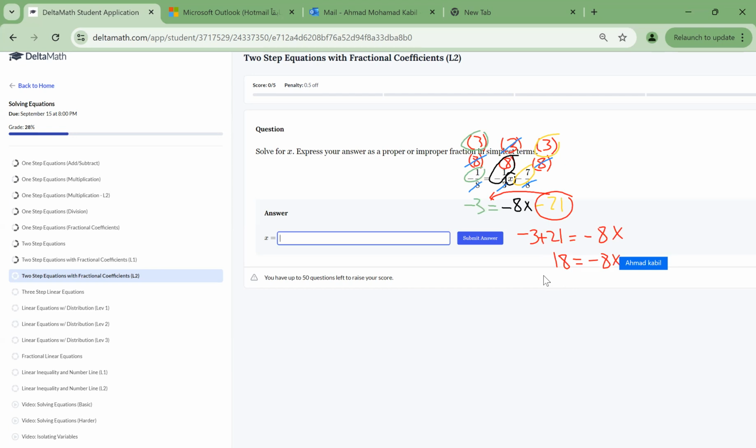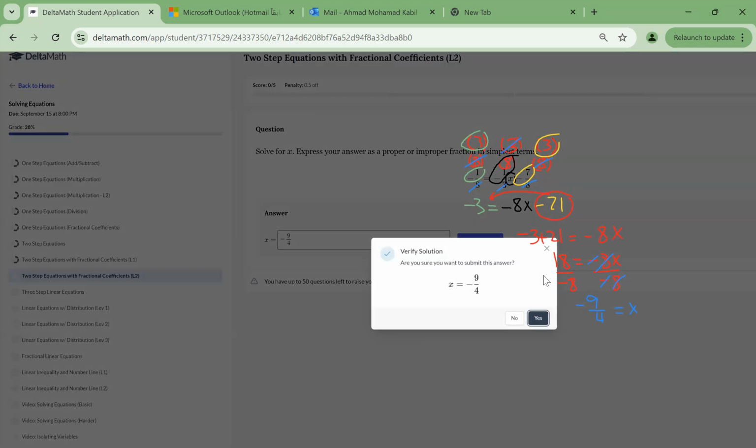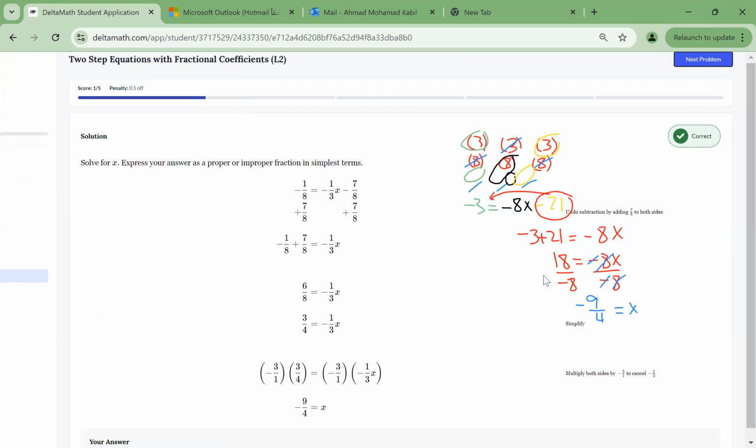You can divide both sides by negative 8, and then these would cancel out. And 18 over 8 gives us 9 over 4, and it's still negative, of course. So our final answer would be negative 9 over 4. And this is the correct answer.